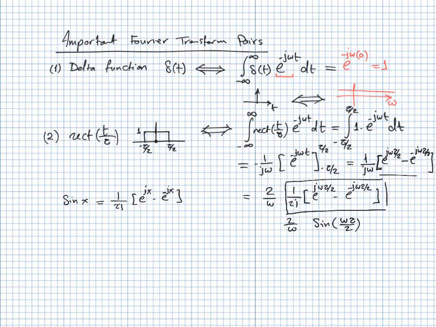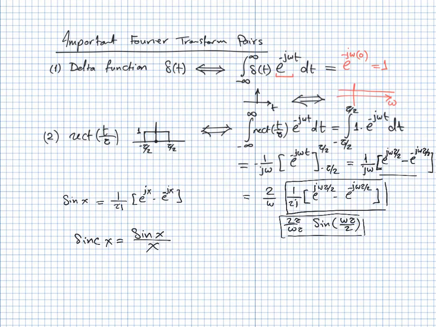The famous function of sine of something divided by the same thing, right? There is something called the sinc function. Sinc of x is equal to the sine of x divided by x. Okay, so I want to convert this into sinc. What should I do? I have to multiply this by tau, right? And take the 2 down there, right? So I multiply tau up and down, correct? Yes.